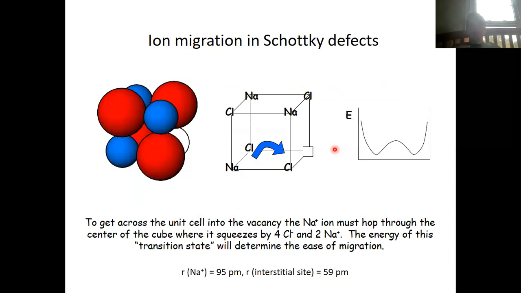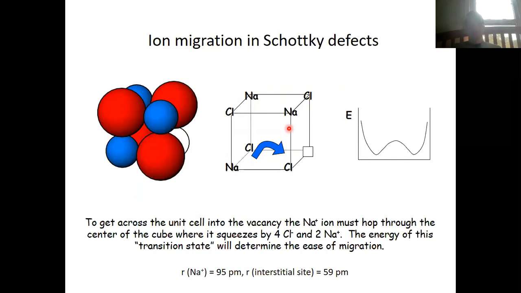All right, so now through which mechanisms can the ions move in Schottky defects and Frenkel defects? Let us first look at the Schottky defects. So here you have an excerpt of the sodium chloride crystal structure that contains a Schottky defect.